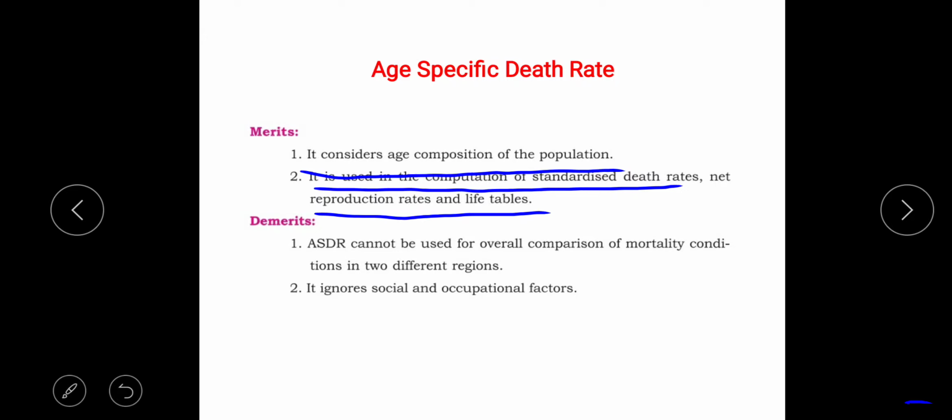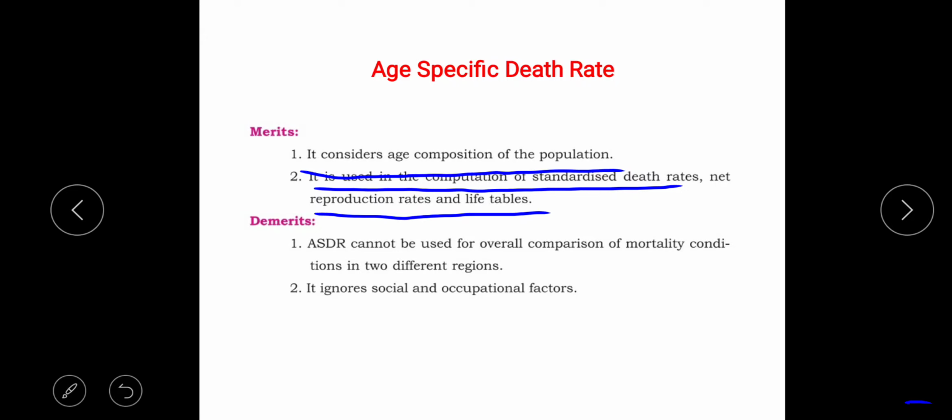There the survival rate is 1 minus the mortality rate. So here we are studying mortality, and we take the difference, deducting the mortality rate from 1. So it helps in calculating NRR, and also it is a part of the life table.